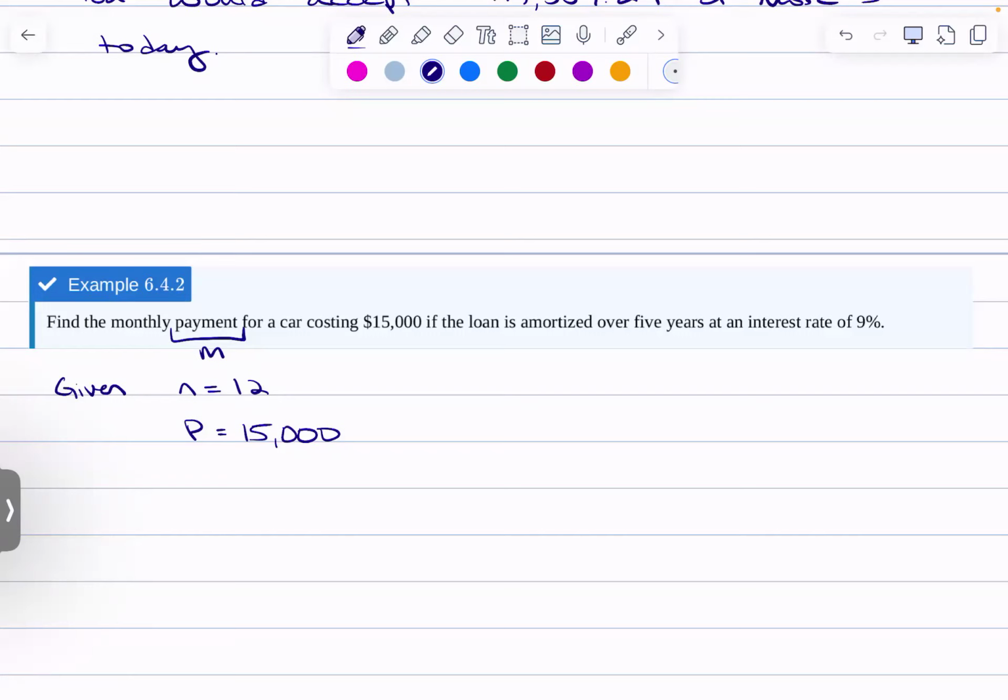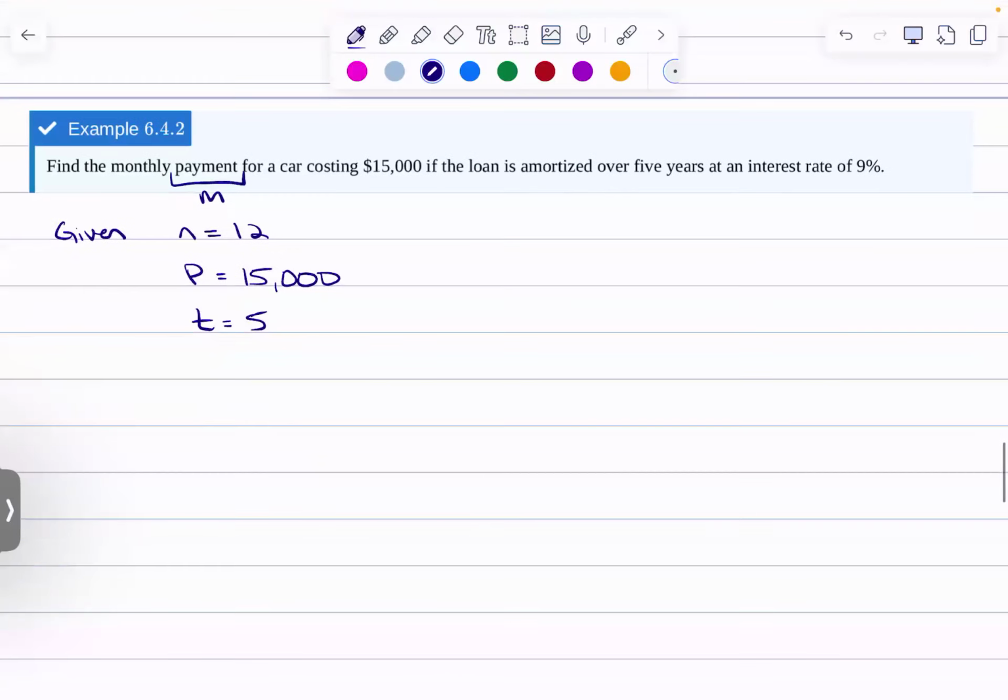And so it just means that the term of this loan is 5 years. And so T is 5. At an interest rate of 9%, although 9 can look a lot like 4. And that's all we need.